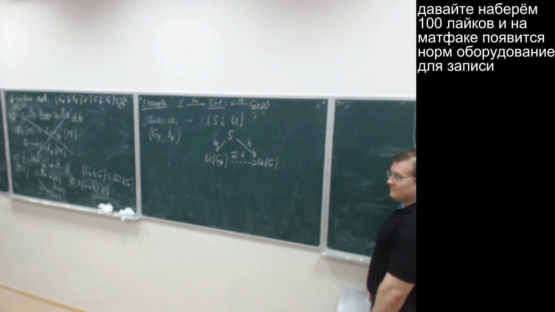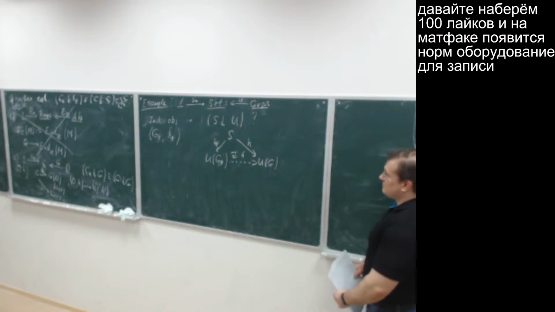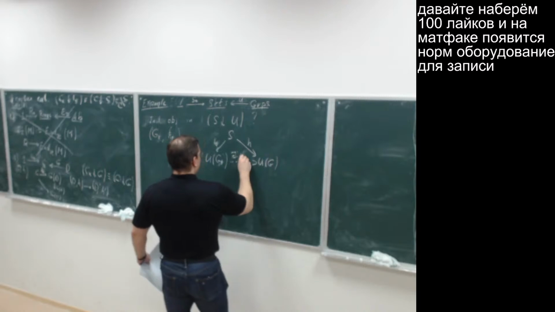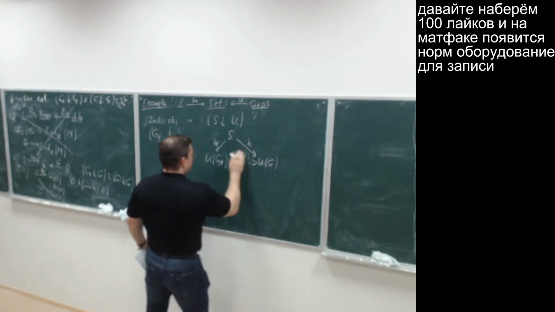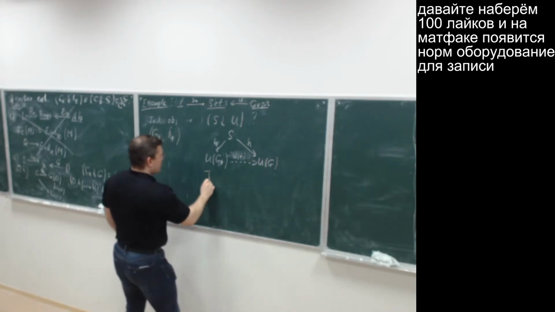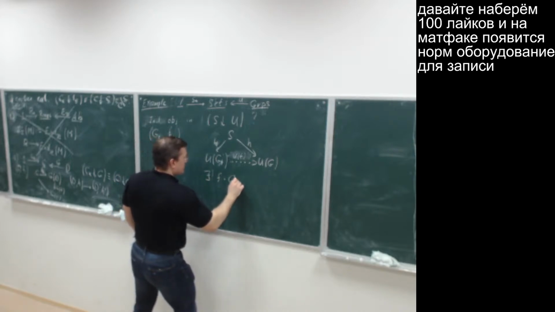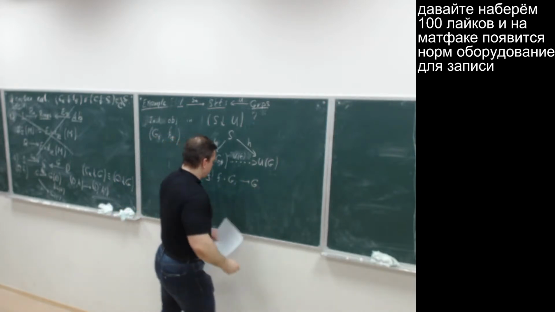We have the only morphism from it to anything. Actually, maybe this is not the best way to write this. Here, this is U of F, and there is a unique F, which is a map from the initial G to the G.